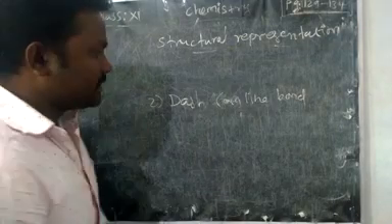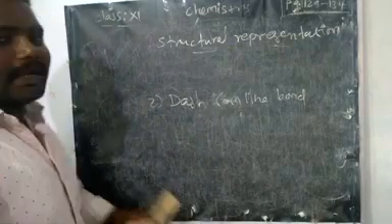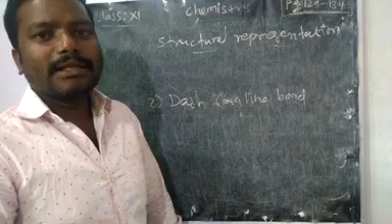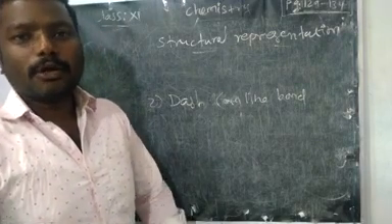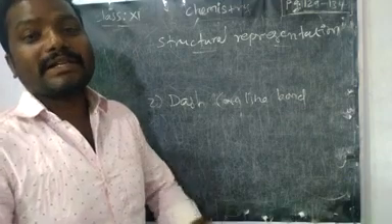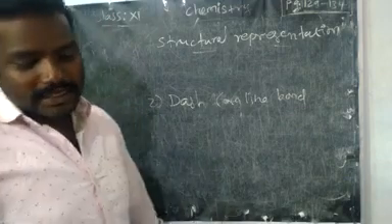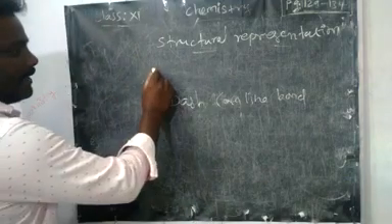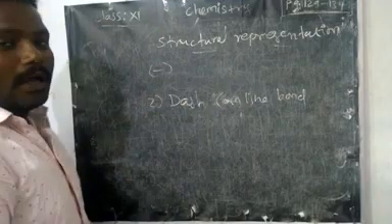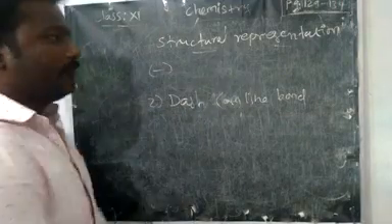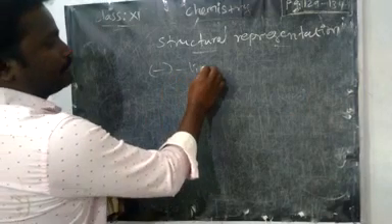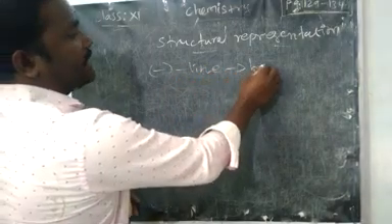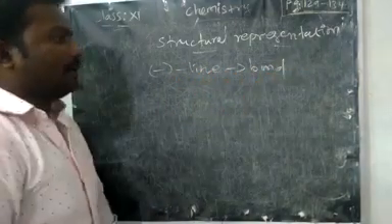This is nothing but we will write the single sigma bond between carbon and hydrogen or carbon and carbon to represent the compound. Here we will use a small dash line for indicating the bond formation, right? It indicates the bond between them.